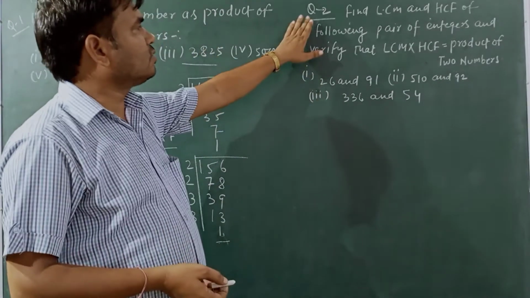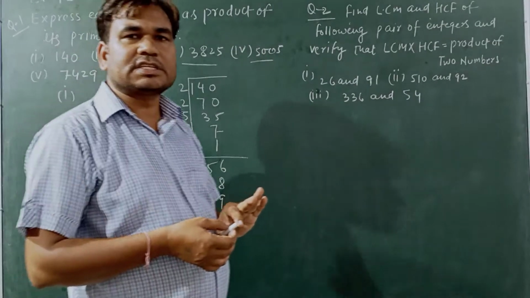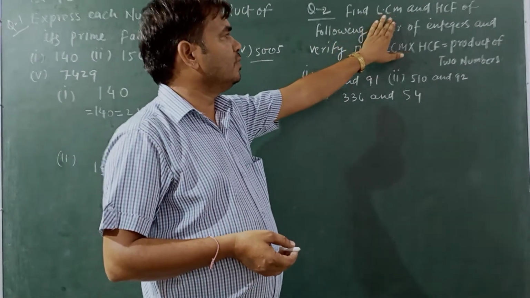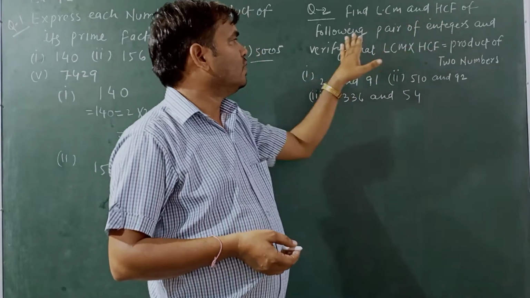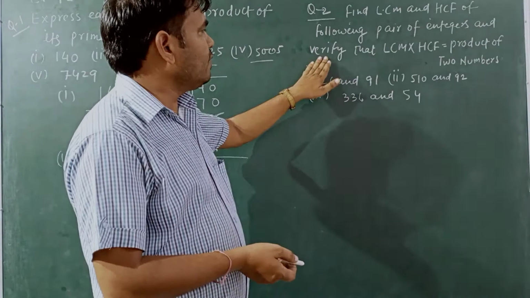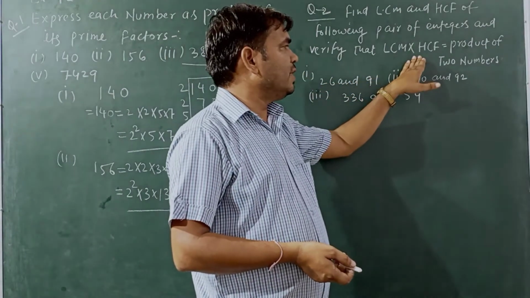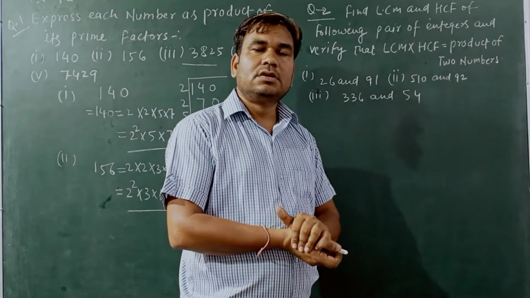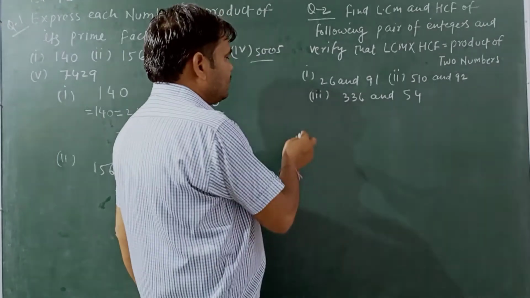So this is question number 2 we discuss here: find the LCM and HCF of the following pairs of integers. Verify that LCM multiplied by HCF equals the product of the two numbers. So here students, let me see.